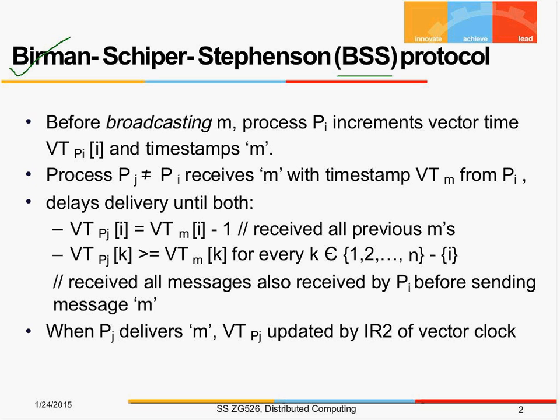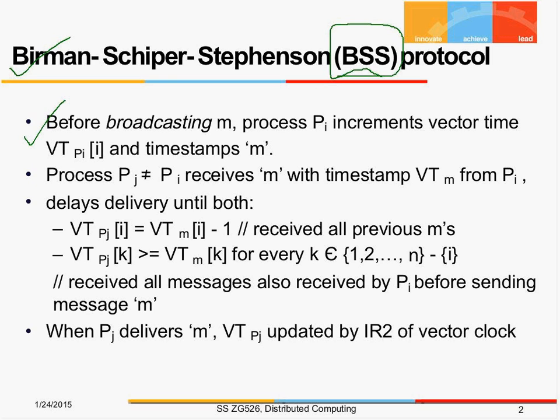This is the first step. So basically you have to apply those IR1 and IR2 of vector clocks to realize this protocol, though we will not apply IR2 as it is in the previous vector clock algorithm. We will probably apply only the maximizing part of the implementation rule 2 of the vector clocks. I'll take examples.